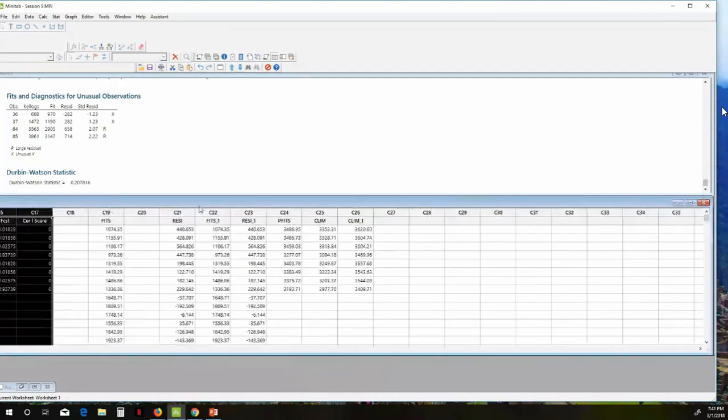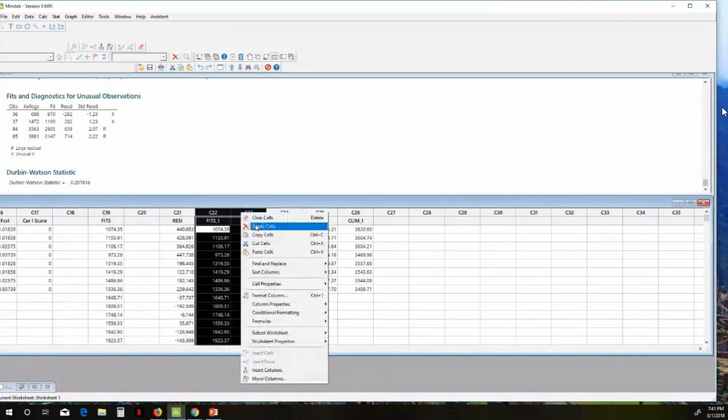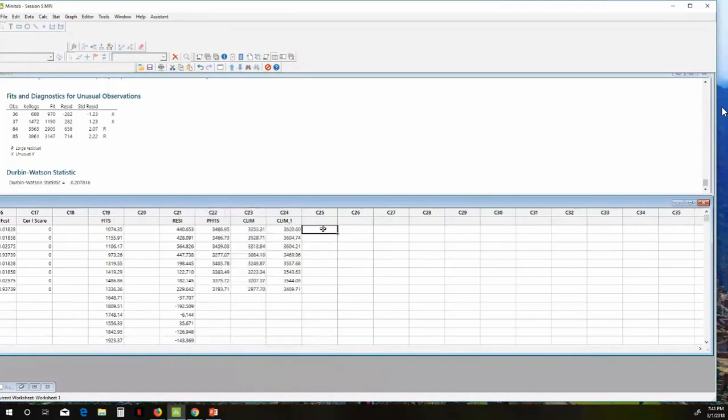I'm going to eliminate redundant fits and residuals. So let's just delete those cells so it all moves over. So these are the forecast values that we've got, predicted fits. I could change the title of that and call it forecast.